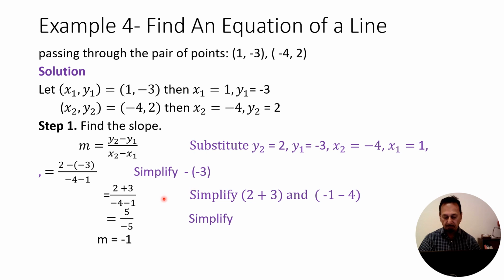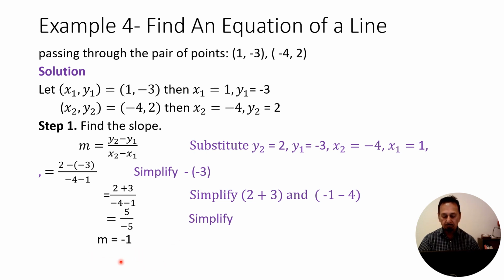Now we simplify: minus negative 3 becomes 2 plus 3, and -4 minus 1. 2 plus 3 becomes 5, and -4 minus 1 is -5. Cancel out, you get -1. So the slope is -1.